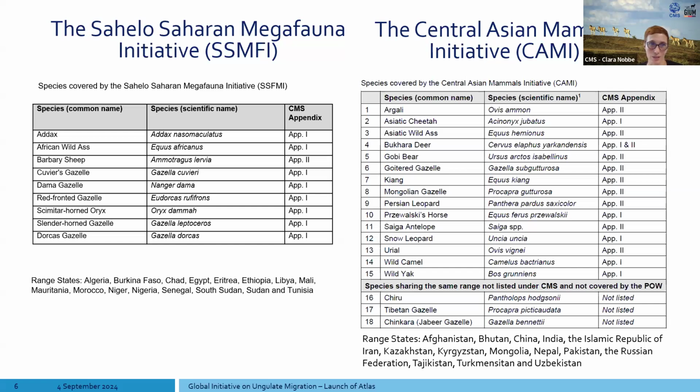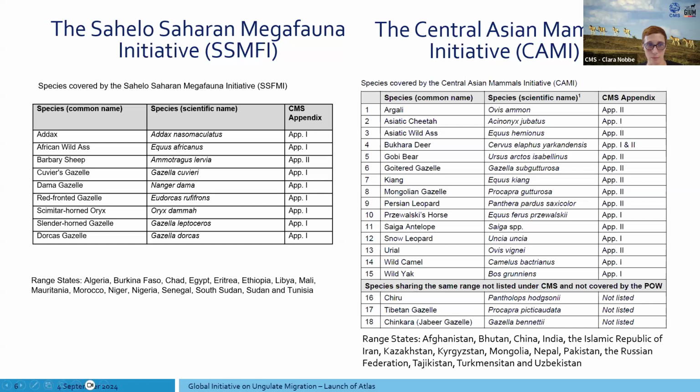And with a new initiative now adopted by the COP on Sahelo-Saharan megafauna, again, a lot of the ungulates that you are working on, or that hopefully will be worked on, require the compilation of data and making it available to decision makers in the countries.